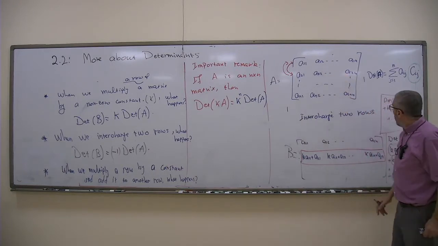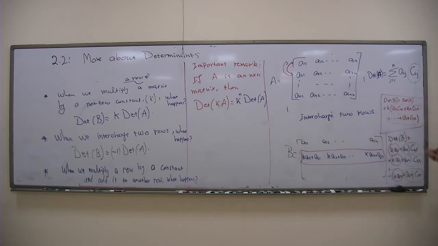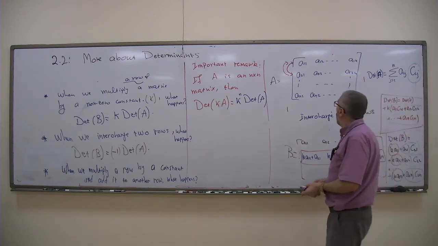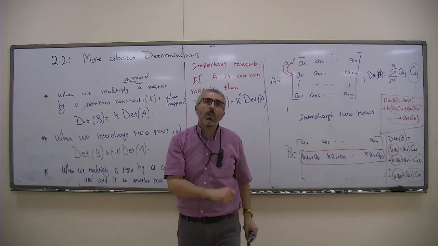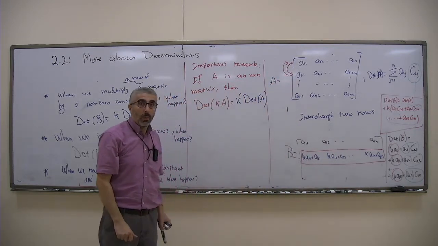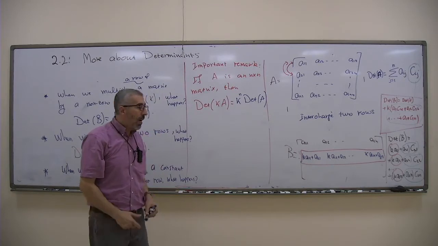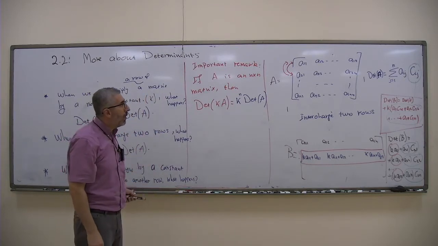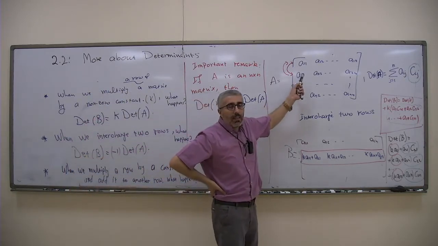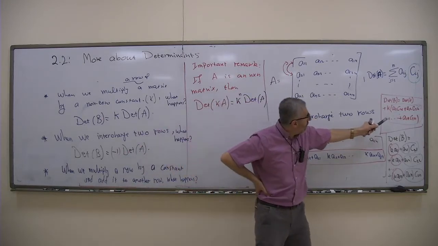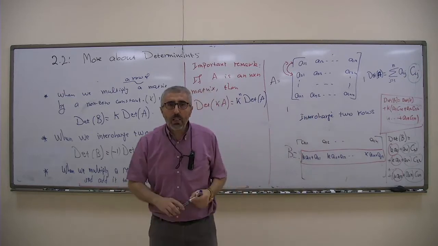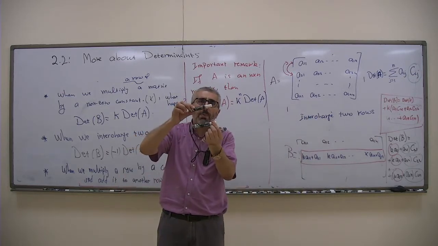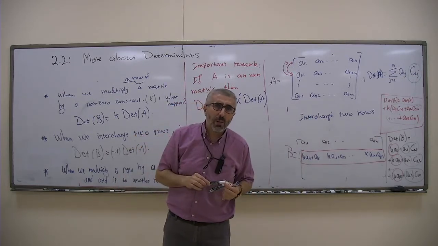So basically, to understand what is this, you need to think about what is the determinant of a matrix that has a repeated row. Right? So you have a matrix that has a repeated row. What is the determinant of that matrix? To answer my question here about this, you need to address this question. You have a matrix in which two rows are the same. They are repeated. What is the determinant of that matrix?